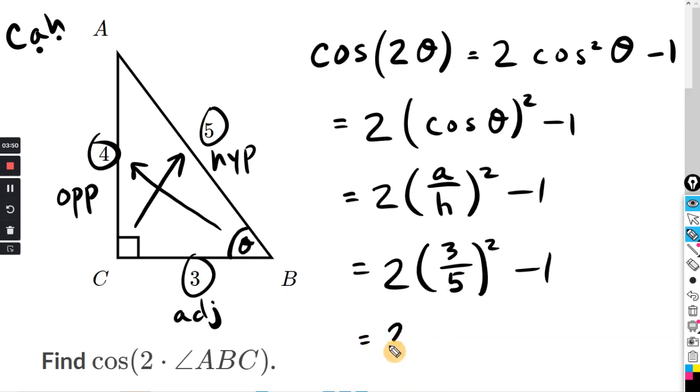So this is 2. Square the fraction, you square the numerator and denominator individually. So 3 squared is 9, and 5 squared is 25.